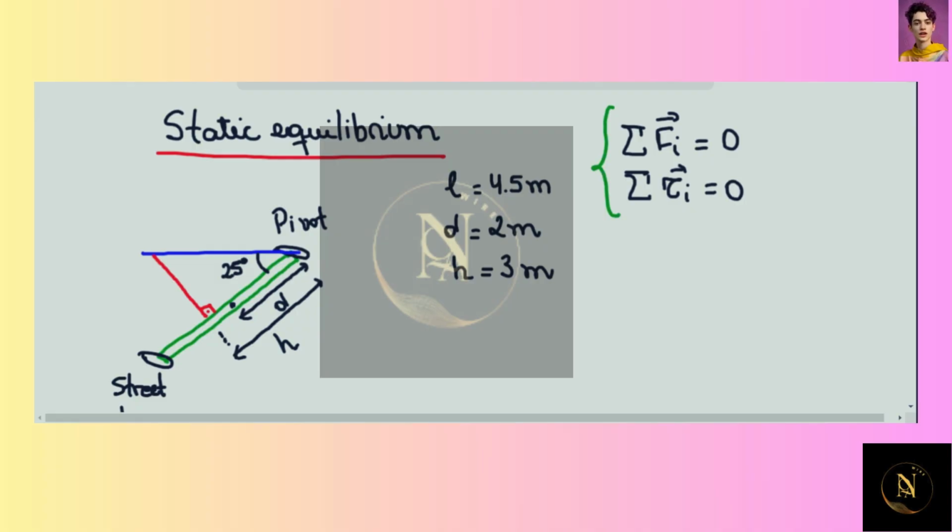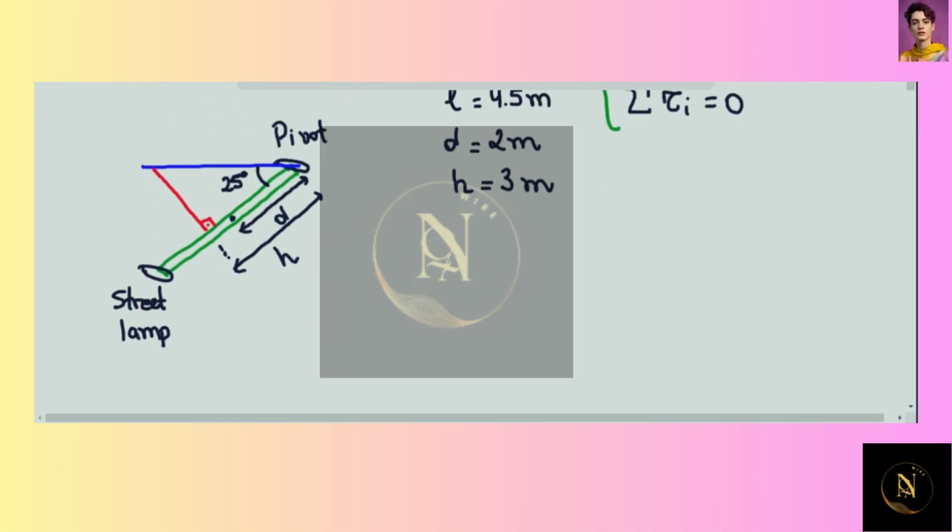So what we have in our problem is a beam that is supporting a street lamp, and the beam itself is supported by a cable represented here in the figure in red that makes a right angle with the beam, and also a pivot, represented here in black.